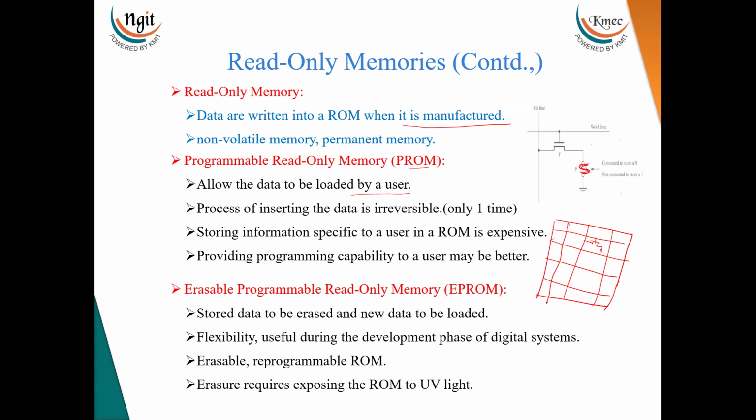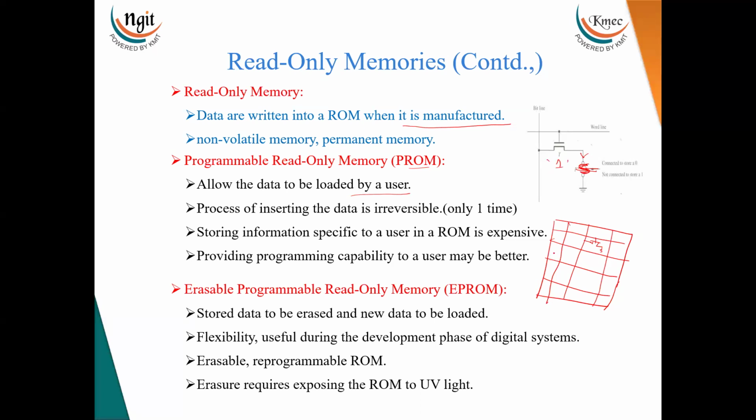Now the user can write the program to burn these fuses. If in all the cells the fuse is connected, initially at the beginning all cells are zeros. When the user writes the program, by allowing excess current through this fuse, the fuse will be burned out and logic 1 will be stored.